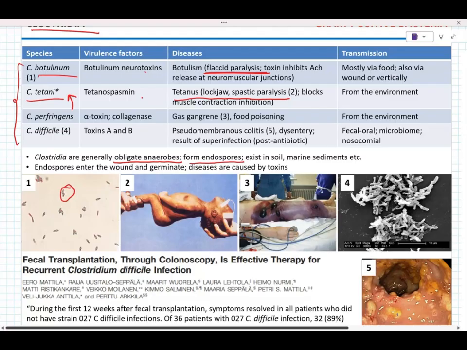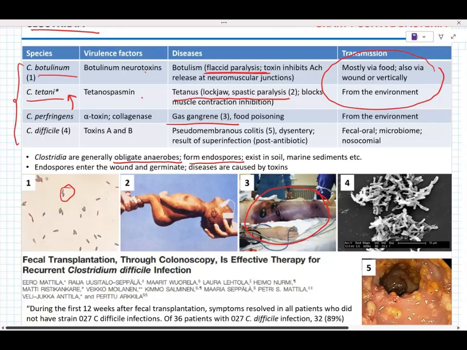Next goes, both of them are environmental. Clostridium botulinum, though, mostly is transmitted by eating food that is contaminated, but still environmental. Clostridium tetani and Clostridium perfringens, they come from the environment, from the soil, pretty much. Clostridium perfringens causes gas gangrene. That stuff, you'll see. Remember that these microorganisms are anaerobes.